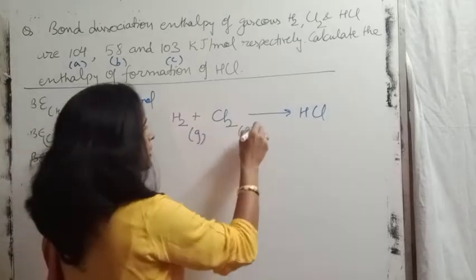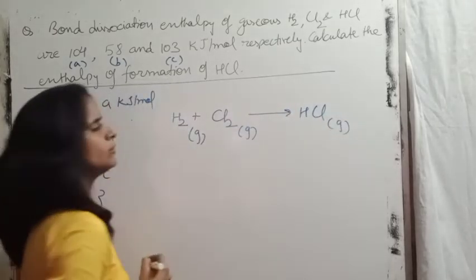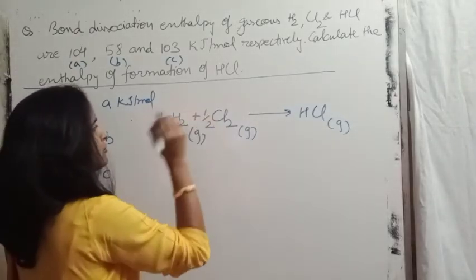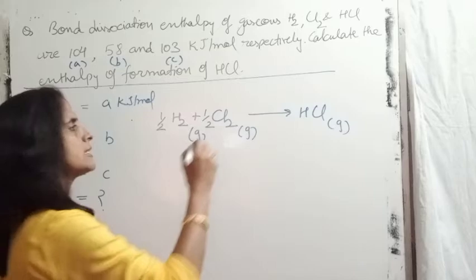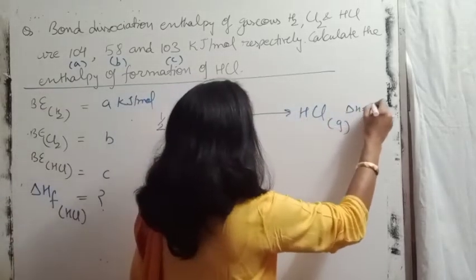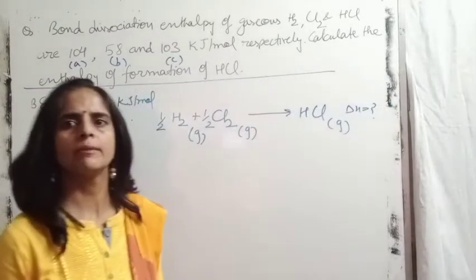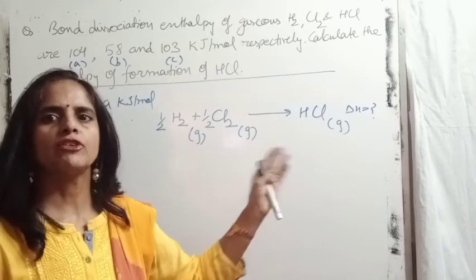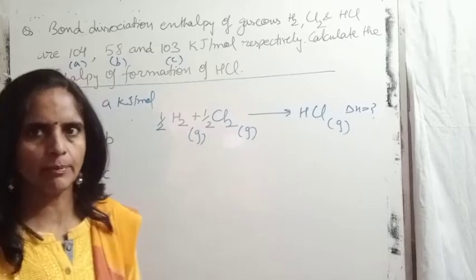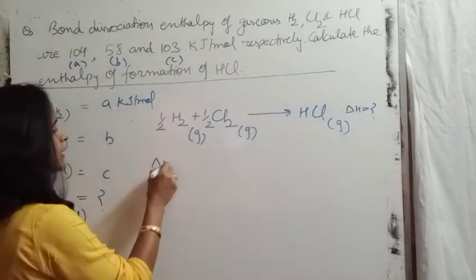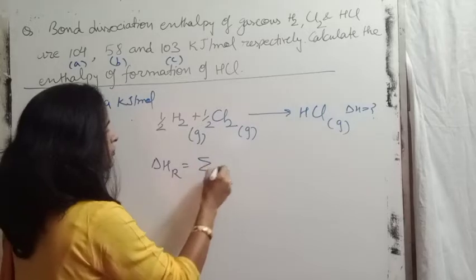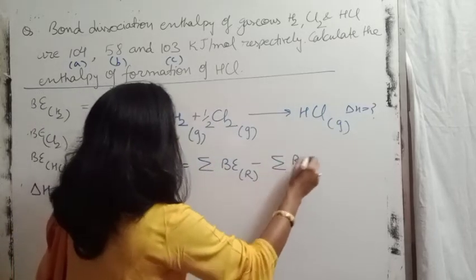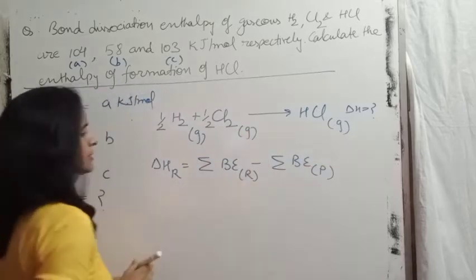After writing the chemical equation and physical states, you balance the chemical equation with half mole of hydrogen and half mole of chlorine. For this we have to calculate the enthalpy change. This is a very simple question, because directly we will be using the formula which we discussed in the case of bond enthalpy: enthalpy of reaction is the sum of bond enthalpy for reactants minus the sum of bond enthalpy for products.